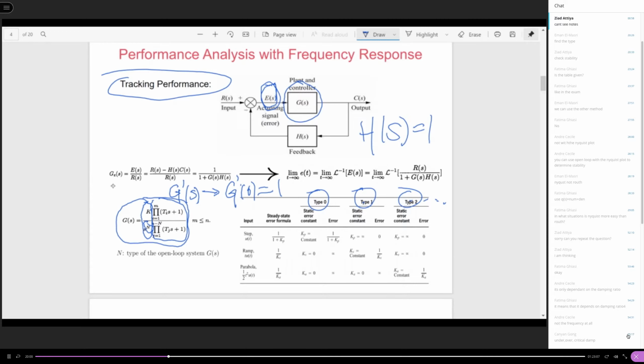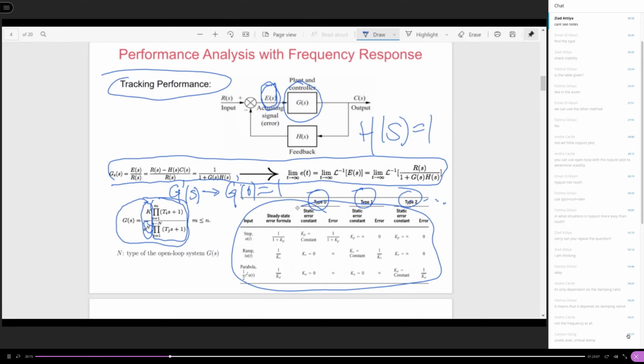This is the tracking performance that we need to evaluate. Of course, as I said many times, before you go to this table to evaluate the tracking performance, what do you need to do?